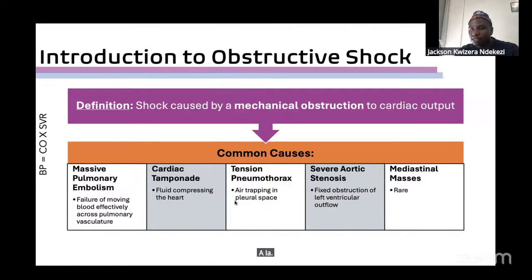There may be imaging findings confirming an obstruction, such as pneumothorax, pericardial effusion, or right ventricle strain, and massive pulmonary embolism will be identified on CT scan imaging, or on VQ scans in ideal settings.